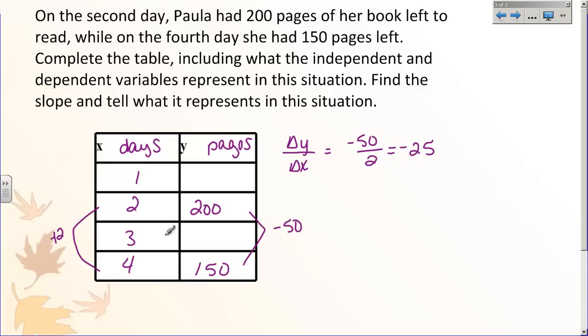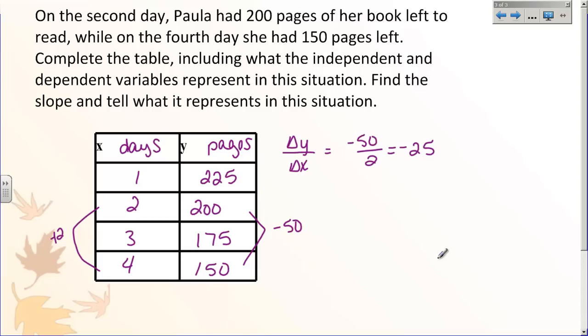From day 2 to day 3, she had to read 25 pages, which means if I read 200 pages, I have 175 pages left. I'm minus 25. And then if I want to go backwards in my table, I'm minusing 25 as I go down. But if I go up through my table, I have to do the opposite, so I have to add 25. So she started on the first day with 225 pages in her book.